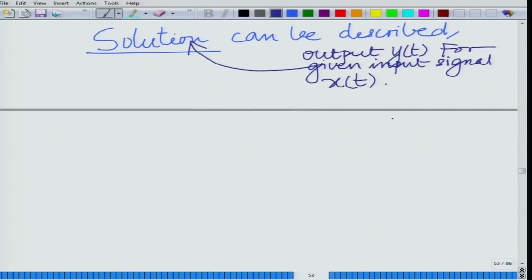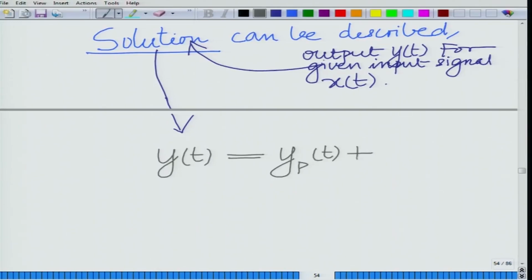And the solution can be described as follows. This is the general structure of the solution of this differential equation, that is y(t) equals y_p(t) plus y_h(t). So, the output signal can be described as the sum of two signals.